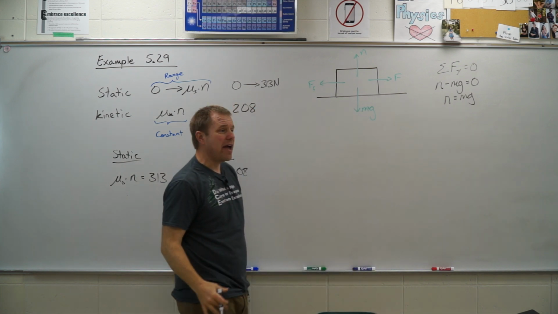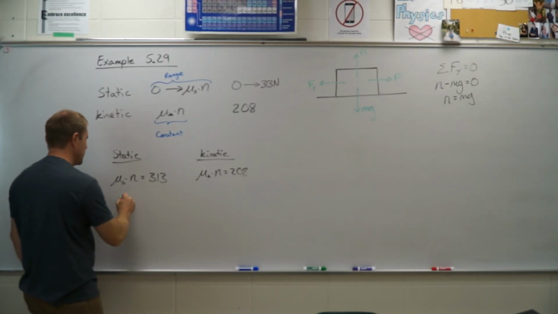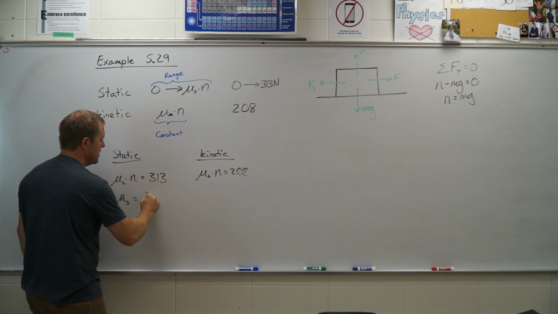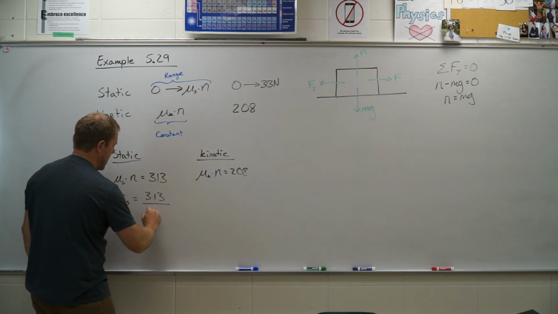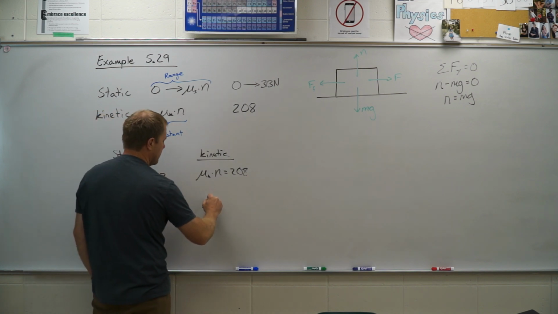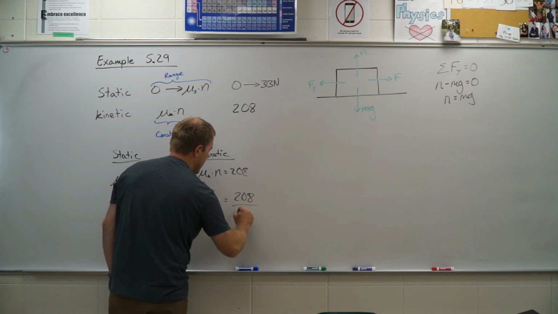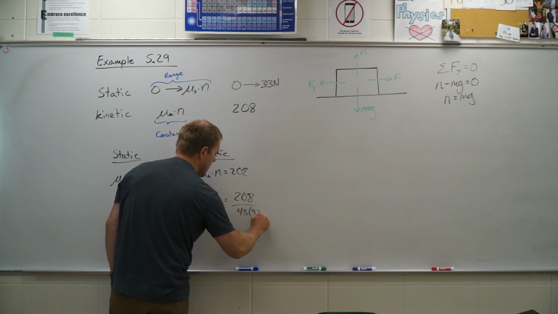They did tell me the mass was 45 kilograms. So I can make those substitutions here. So I have mu sub s is equal to 313 divided by the normal force, which is mg, 45 times 9.8. Same kind of thing here. Mu sub k is going to be 208 divided by 45 times 9.8.